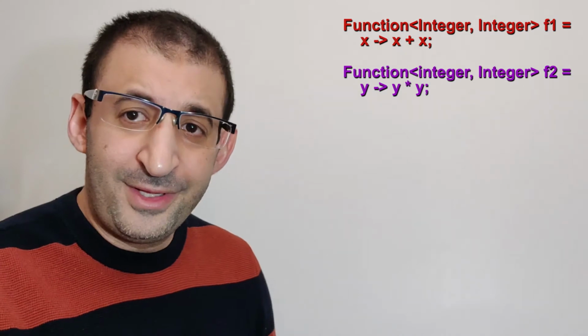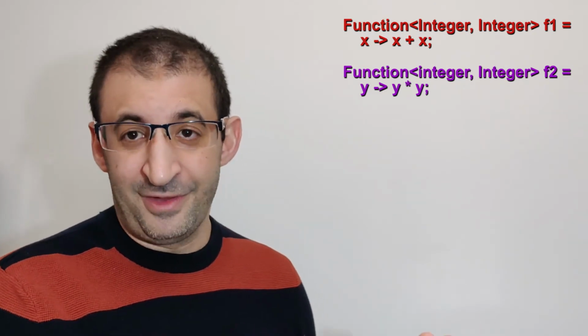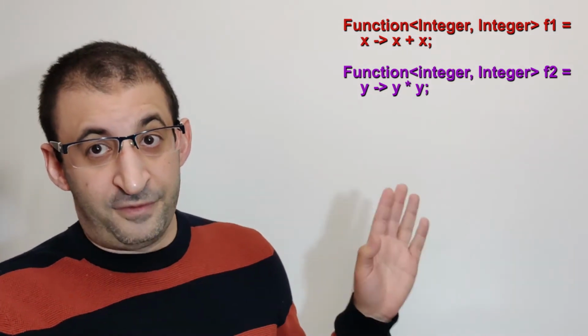Now I will create another function, f2. What will this second function do? It will multiply the same number also. So if I give it y, it will give me y multiplied by y. So I will create the second function.